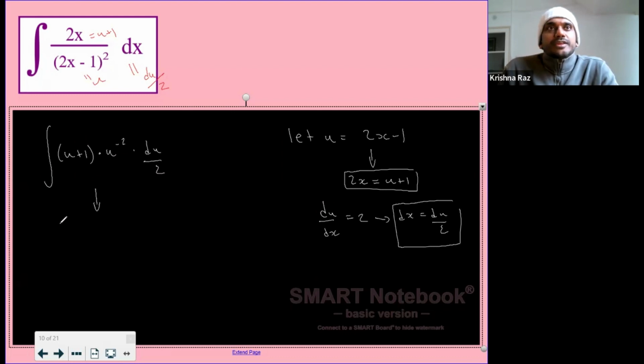So if I simplify that, I will always take the constant out. And I've got u times u to the power minus 2, which is u to the power minus 1, plus u to the power minus 2 du. Now we need to be careful here, because now we can integrate.